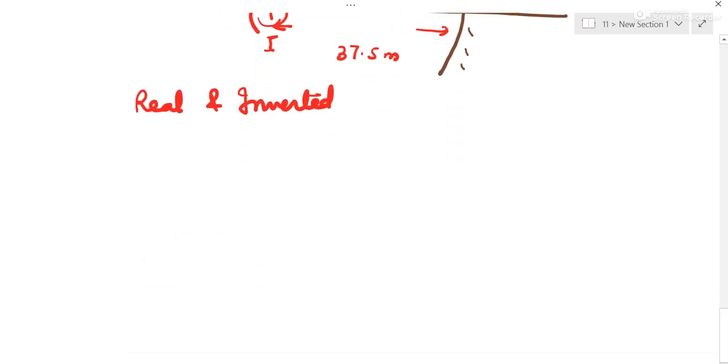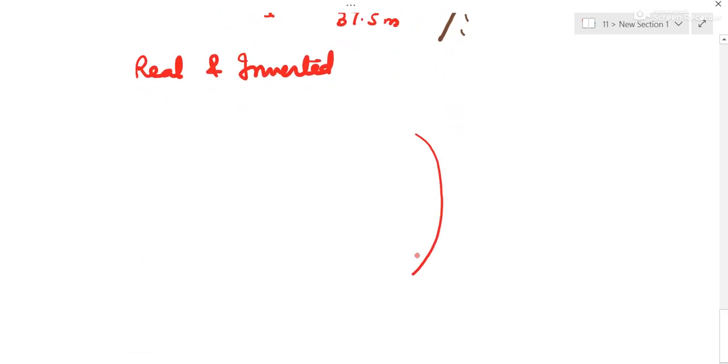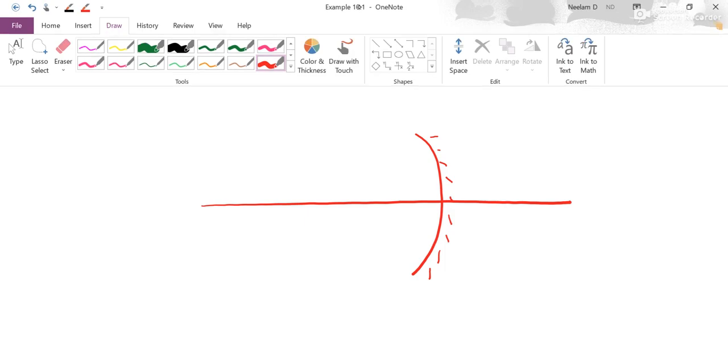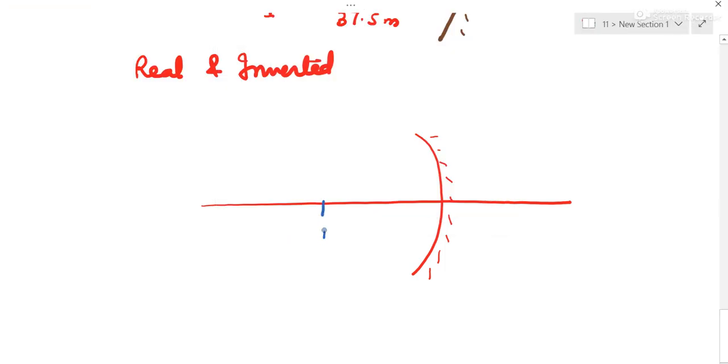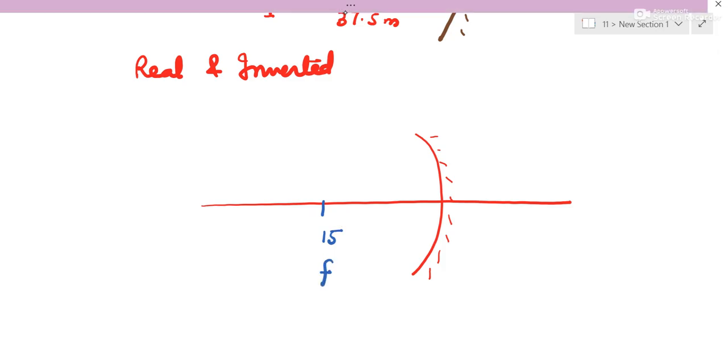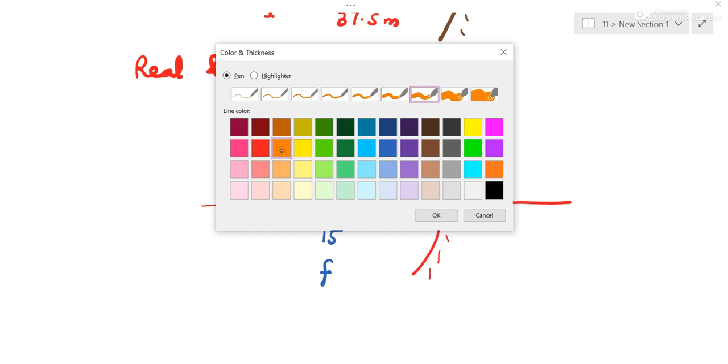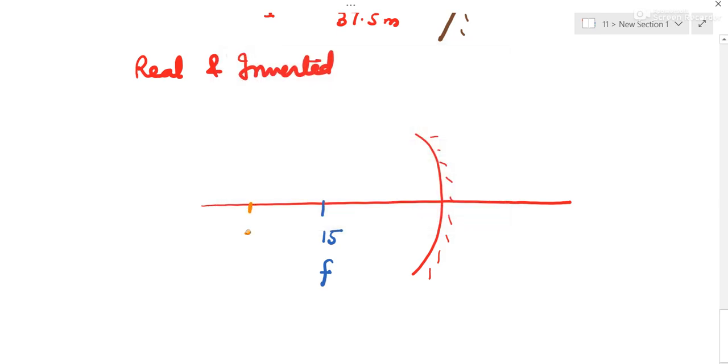Now we have to tell the size. So for size we can go for the ray diagram, or we can find the magnification also if we wish. So let us see. First of all, let us see the focal length. Focal length was 15. So this is 15. This is your focus. Object was kept at 25. So this is 25.